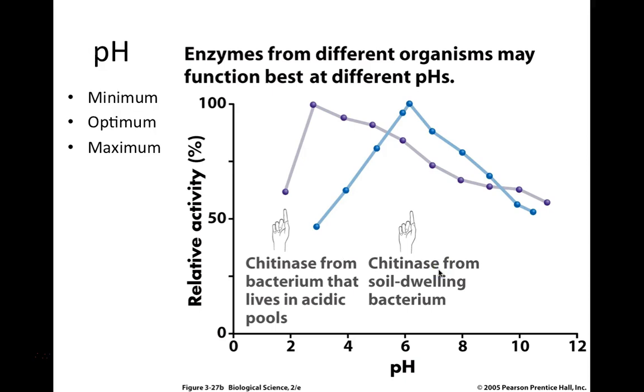For pH, we can see a similar type of graphic distribution of function. Here we have two dotted curves of chitinase activity. Chitinase is an enzyme from bacteria that either live in acidic pools, which is the gray line, or we have chitinase from soil-dwelling bacteria, which is in blue.